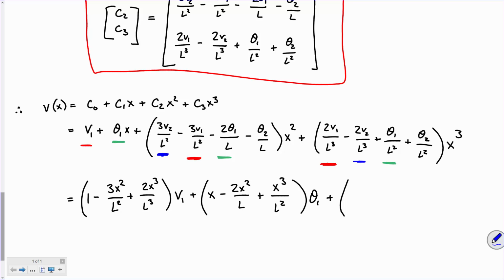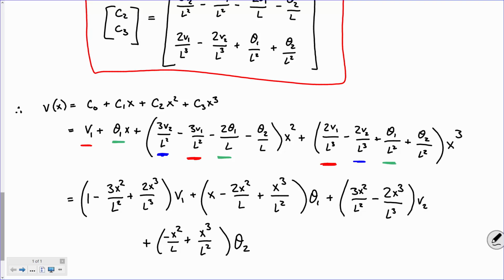That's it, right? So we've got 3x squared over L squared, and then minus 2x cubed over L cubed times V2. And then I'm going to put this one down here, and then it's only the ones that are left. So minus x squared over L, and then plus x cubed over L squared, theta 2. Is that a fair statement?